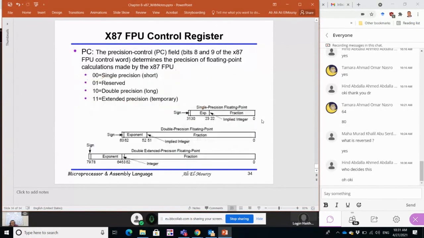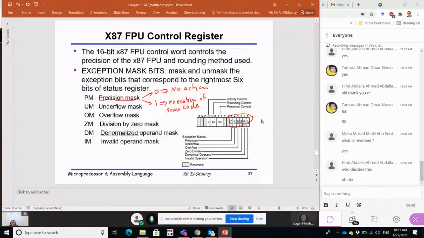Okay? Those are the 3 things that we need to know about the control register, okay? The PC, the RC, and the masks for the 6 different types of exceptions that can happen. Precision means that the precision mask here indicates that the operation is performed in a single precision.